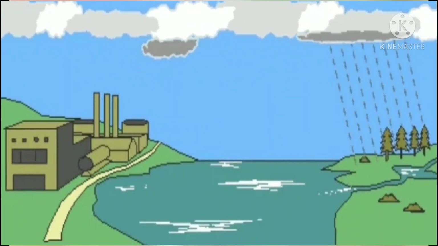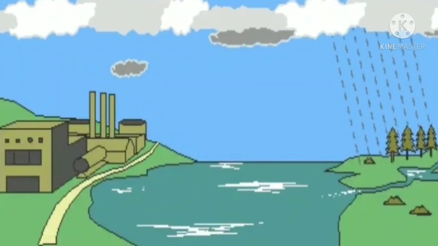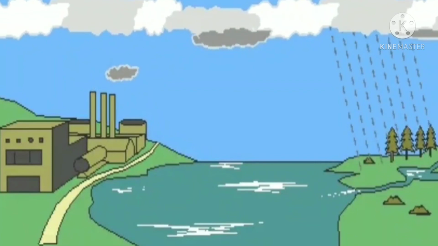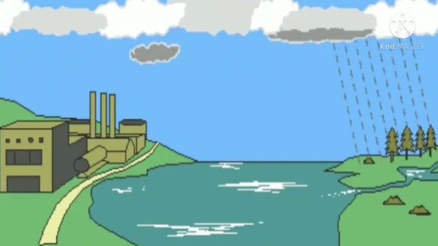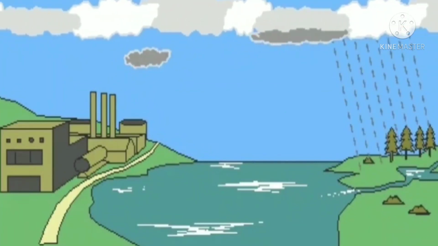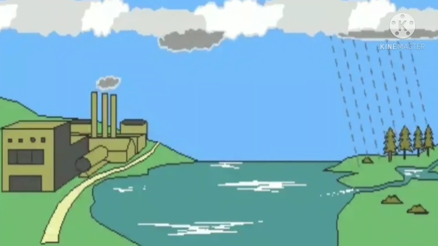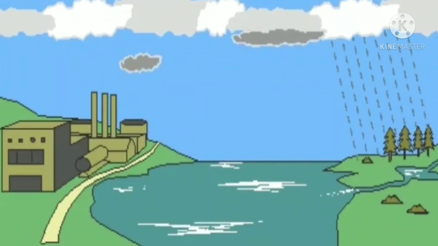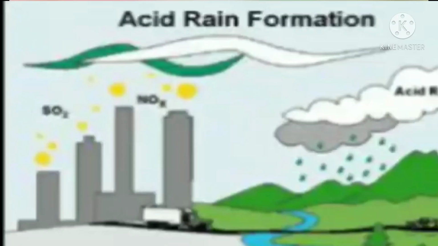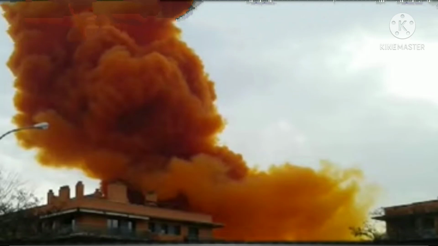Acids like nitric acid and sulfuric acid get dissolved in the rainwater. When the rain gets dissolved with different acids in the air before reaching the earth's surface, it is called acid rain. These rains are harmful to living organisms as well as non-living objects. It also contaminates the drinking water in the reservoirs.